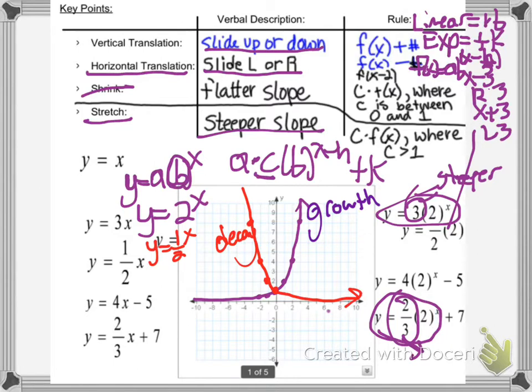And we also remember, we talked about this before, if a is a negative, so this one is going to flip.